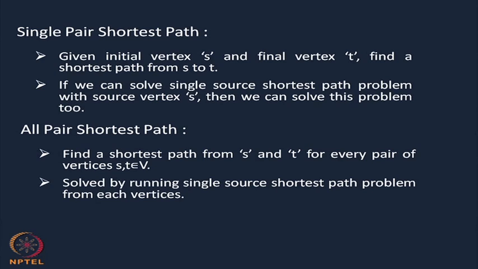If we can solve the single source shortest path problem with source vertex S, then we can solve this problem too, obviously, because if we are starting from an initial vertex and moving to the destination, then we can also solve the shortest path problem. And it has another property, that is the all pair shortest path problem.